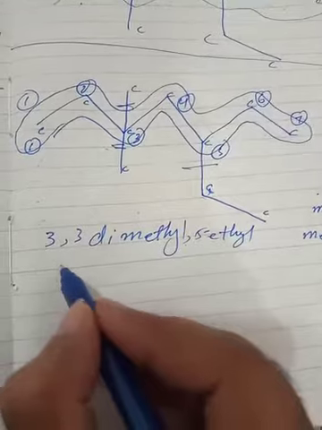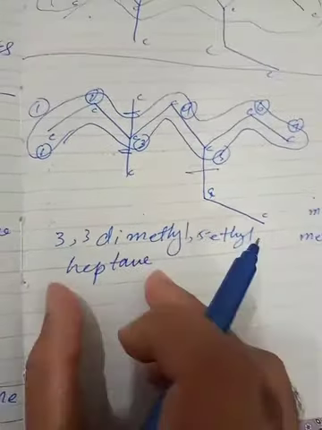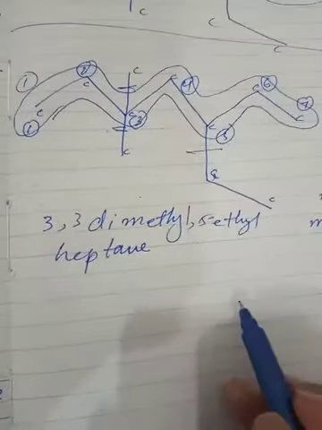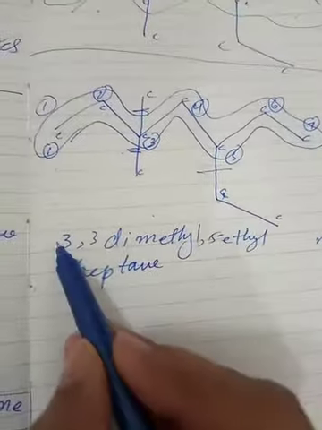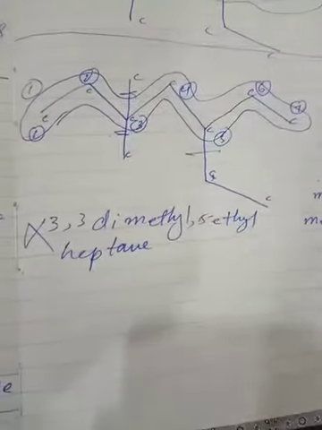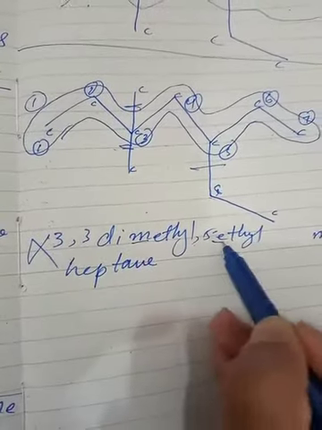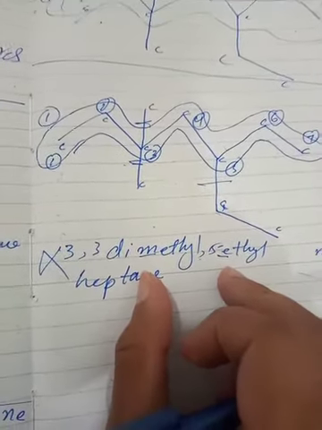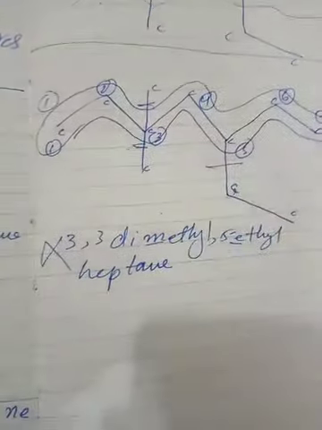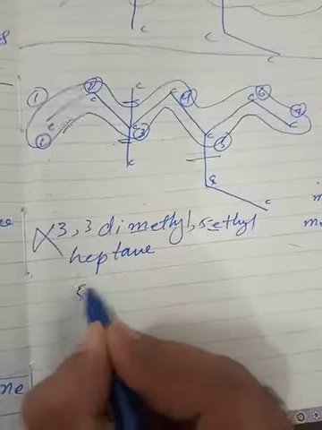The parent name is heptane, it is always going to be last. So check if there is any mistake here, and yes, we have made a mistake. We have to put the substituents in the original name in alphabetical order. So E always comes before M, so we are going to rearrange it.